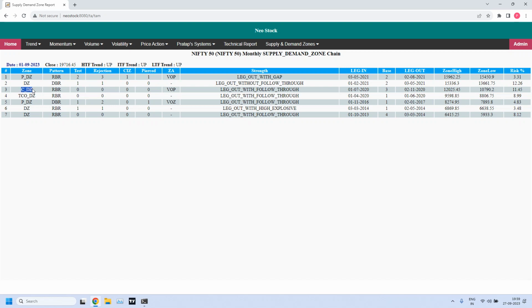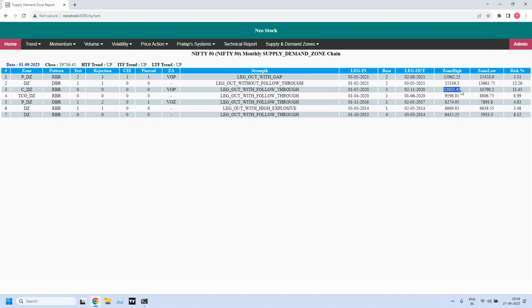So what does this high liquidity zone generally do? Suppose Nifty is crashing, let us assume Nifty is crashing down. The time when price reaches this high liquidity zone, because this is a demand zone, what is the zone high?